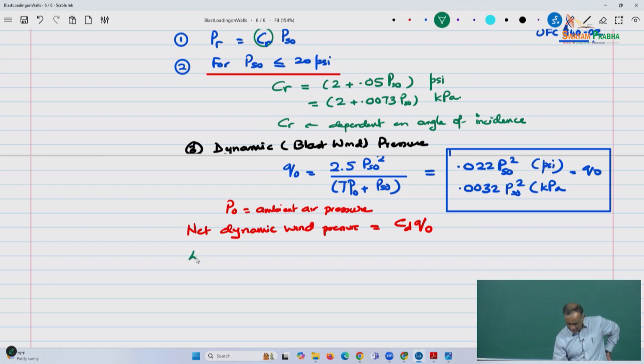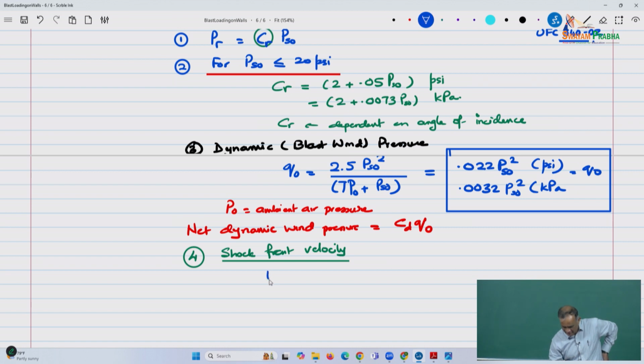Then fourth, the shock front velocity also has a simpler expression.